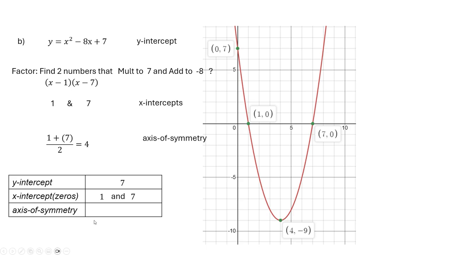So the equation for our axis of symmetry is x equals 4. Looking here at the graph, we can see that our y-intercept is 7. Our x-intercepts are 1 and 7. And our axis of symmetry is x equals 4.